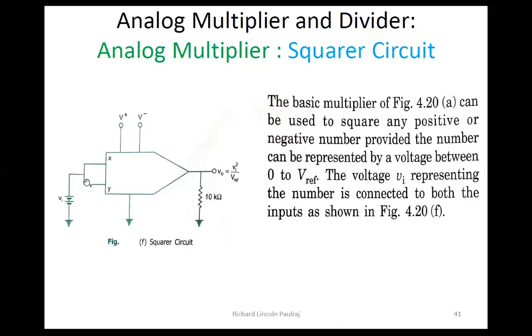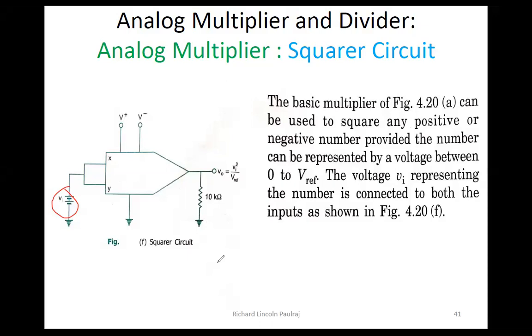So we are going to connect both of them, X and Y, and you can see that this voltage is connected to both X and Y, and at the output side we have a resistance of about 10k, right?